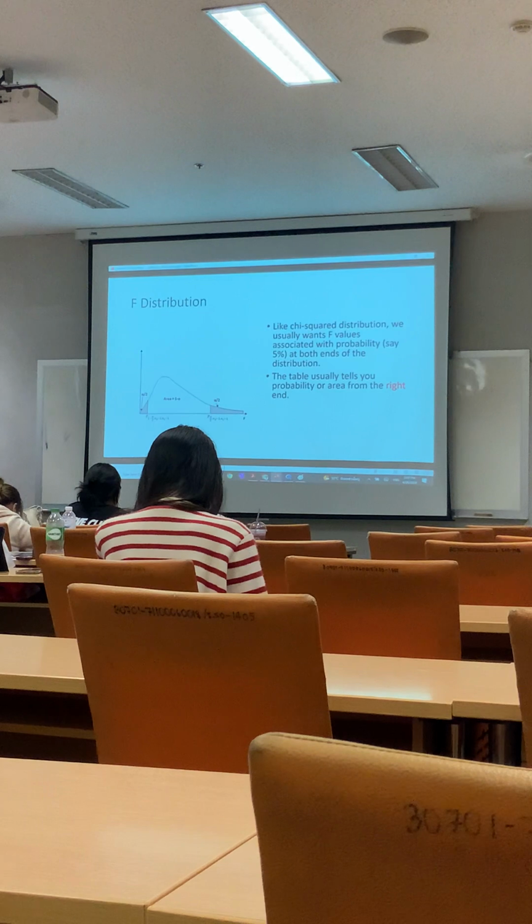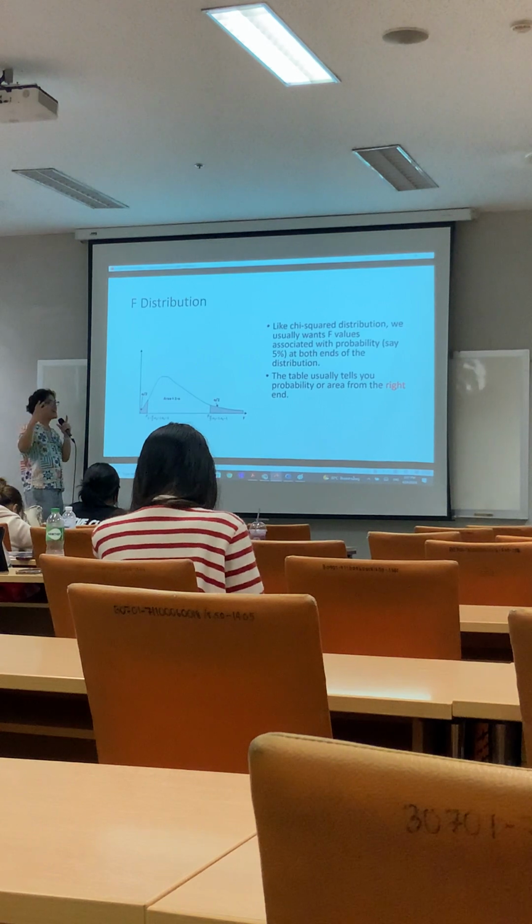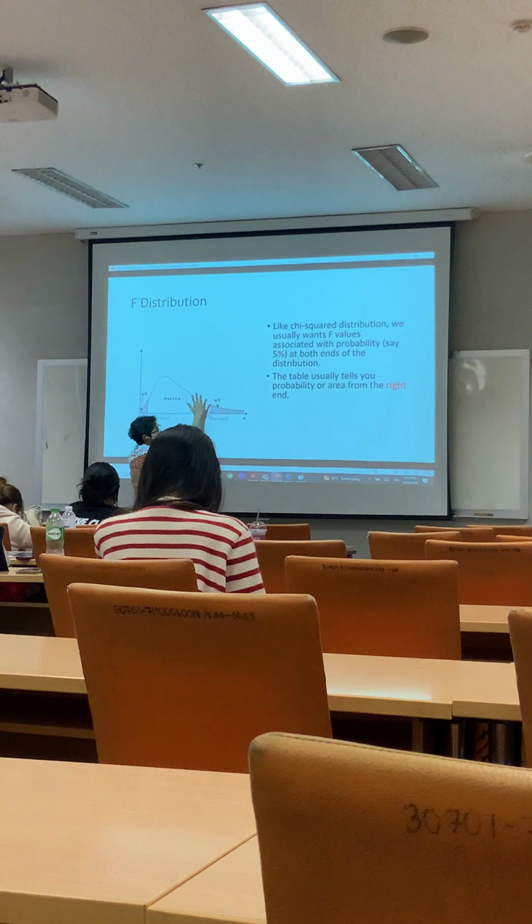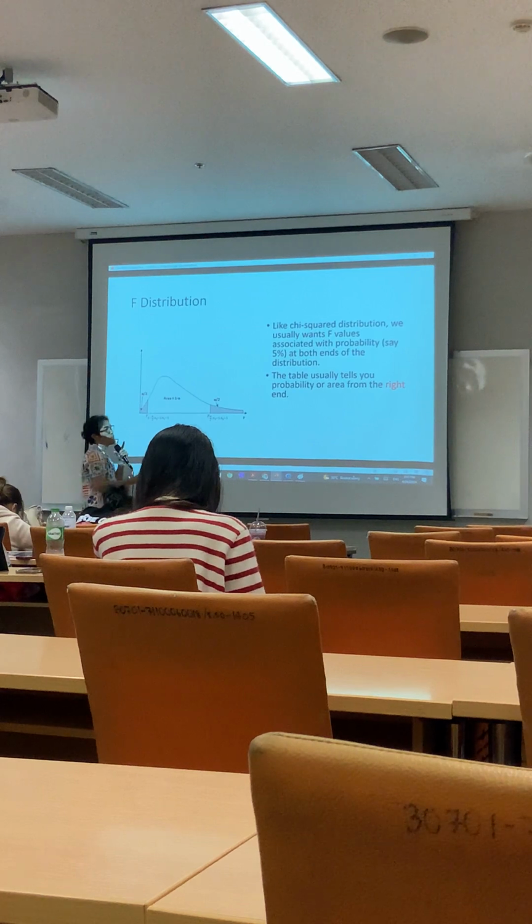However, unlike chi-square, the table is already a lot, so we are restricted to just the areas of 10%, 5%, or less. We don't have 99% or 95% like chi-square. But there will be a formula for you to calculate that.